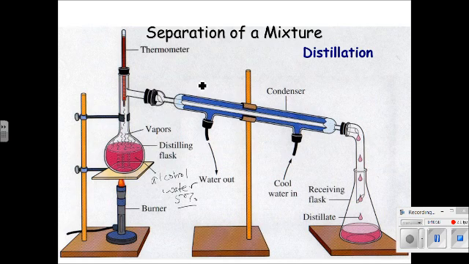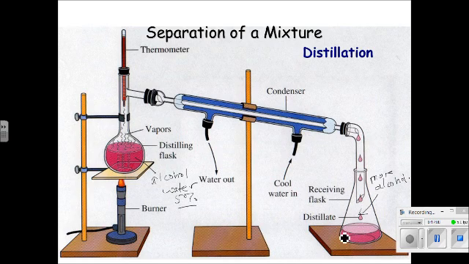Have you ever heard of alcohol being referred to as spirits? This is why, because it's a vapor at this point. As it condenses, it just gets collected. As you go through this distillation process, this will end up having more alcohol in it over time. I don't want to talk about alcohol too much here, guys, but if you've ever heard of triple distillation, some vodka is triple distilled, and that means they do this process over and over again.